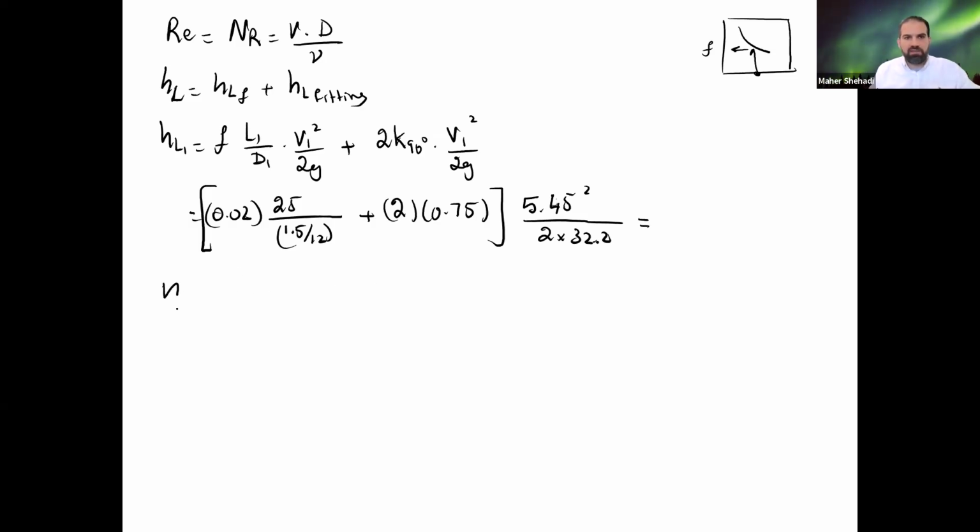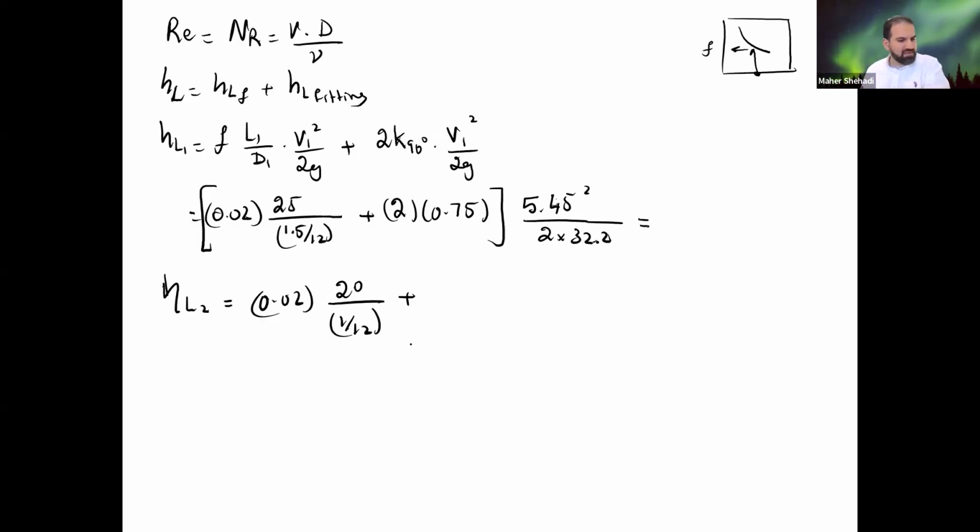Okay. And then similarly, head loss 2 would be 0.02. L2 is 20, D2 is 1 over 12, that's in feet. Plus, I have now the globe valve. We said that's 10.